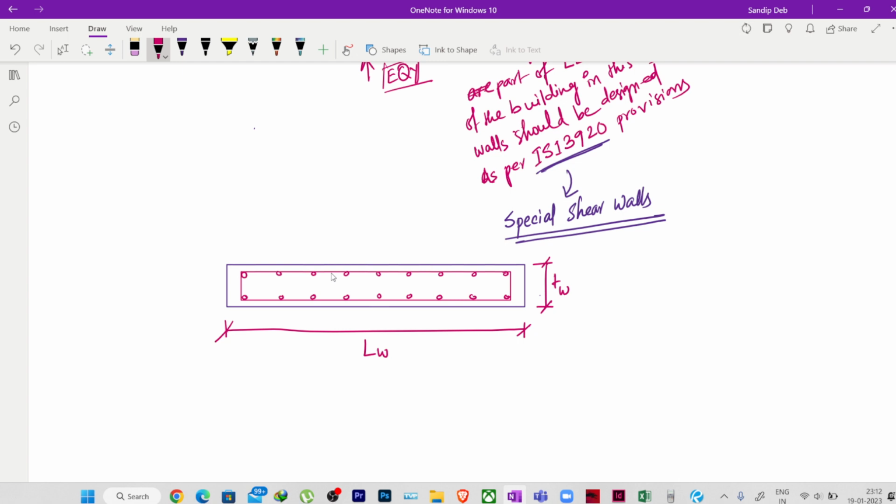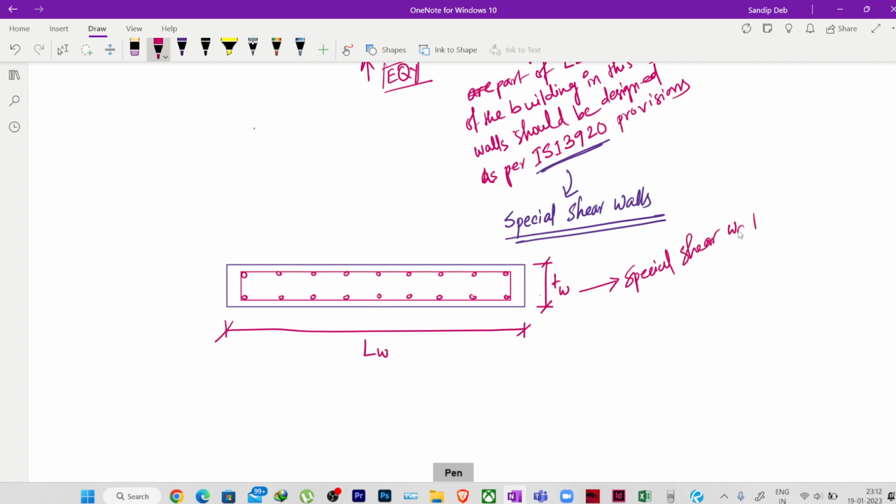But these walls are not designed for taking them, right? But when we intentionally want these walls to take the lateral forces, and we design it as per IS 13920 provisions, then we'll call it a special shear wall.